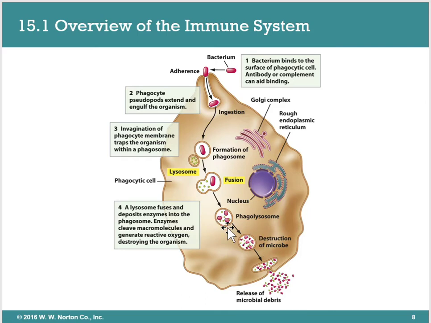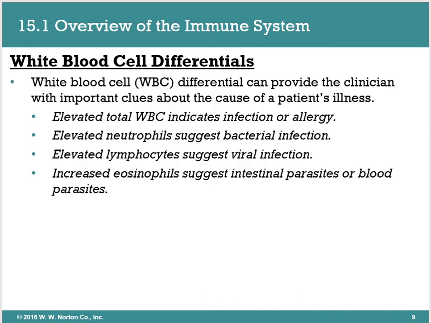And whenever that happens, the pathogen gets chopped up and then discarded. So that's the general picture. There is also a lot more that happens, but I just want you to know the general basis of phagocytosis.